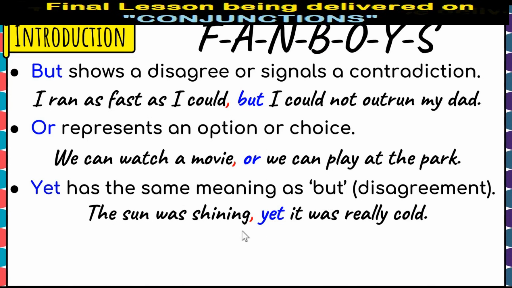Right, the sun was shining, yet it was really cold. This is also having a contradiction, right? Although the sun was shining, but still the weather was cold. So I can use but and yet, depending upon the context and situation and the sentences you are saying, you can use but, yet, or even however.